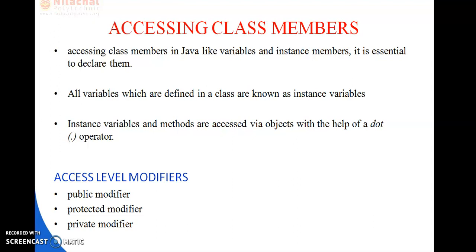Defining the access type of a method, that is, from where it can be accessed in your application, is known as a modifier. The public modifier is accessible to all classes in all your applications. From everywhere you can access that variable or anything.